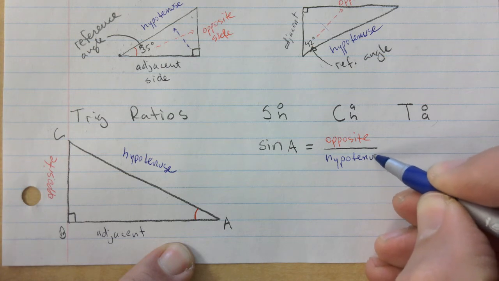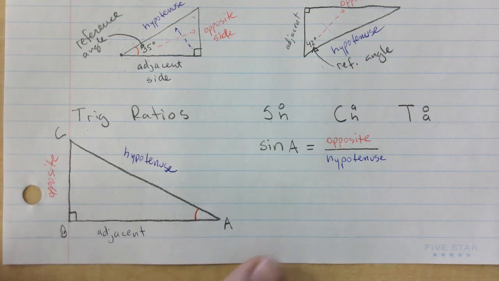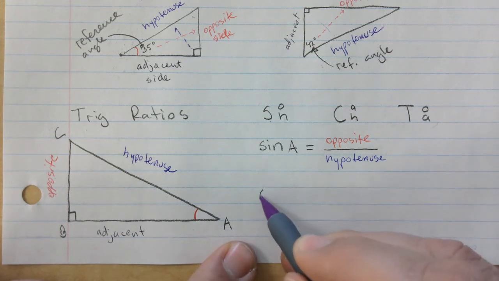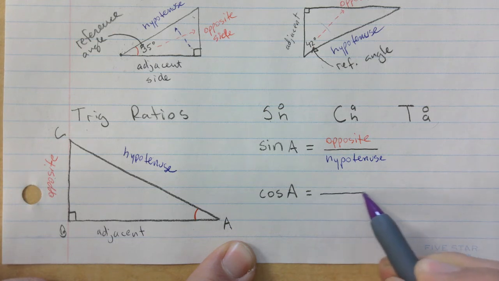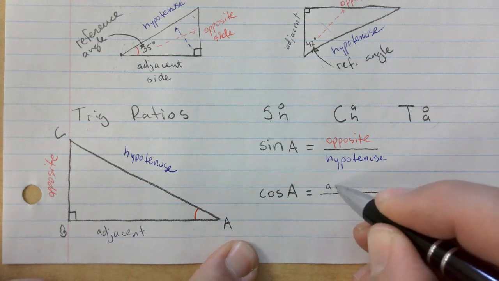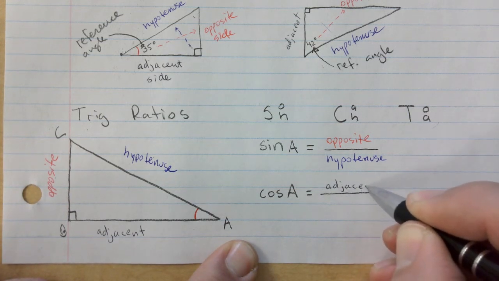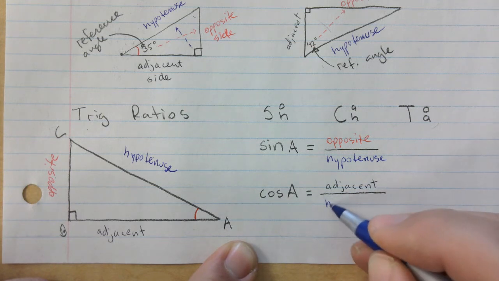Always. Those are the two sides that go with sine of A. Cosine of A would be adjacent, which is in black, that's what I did it with, adjacent over hypotenuse.